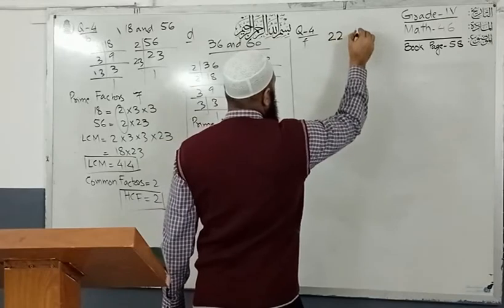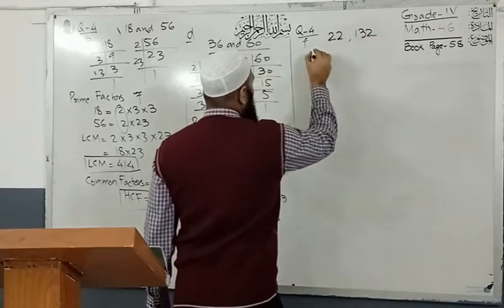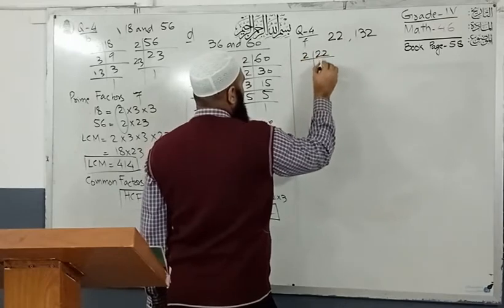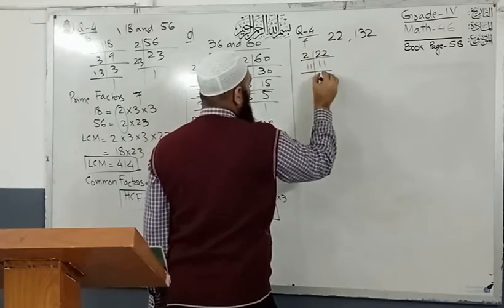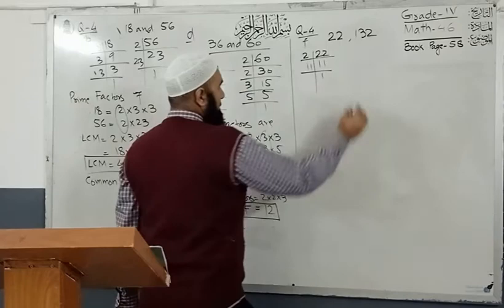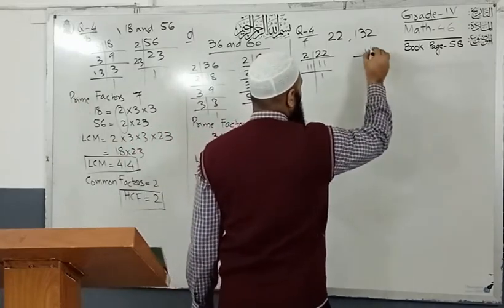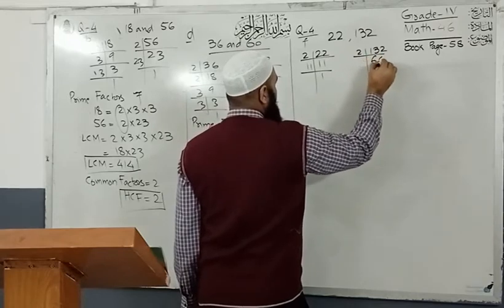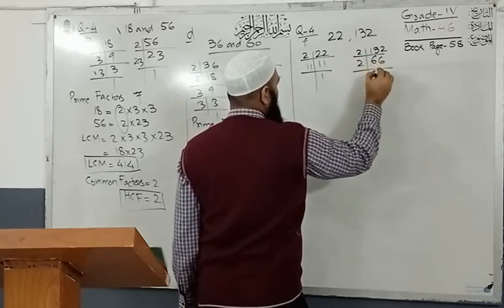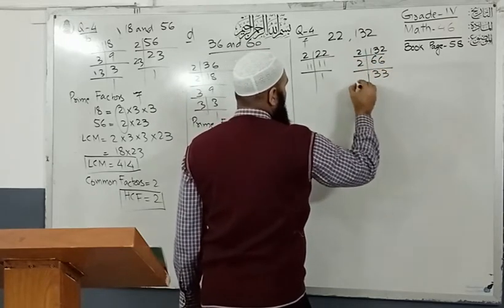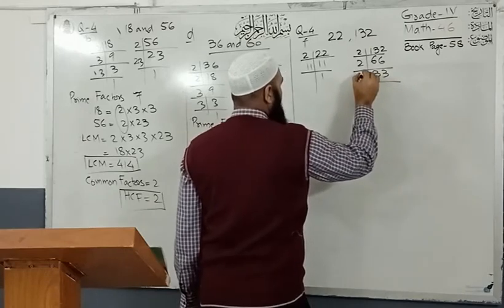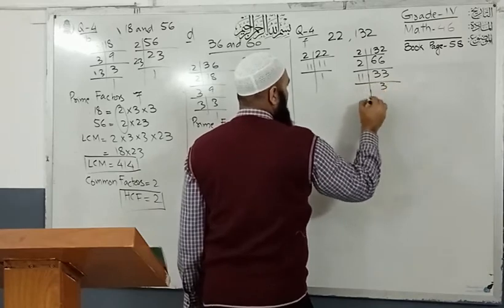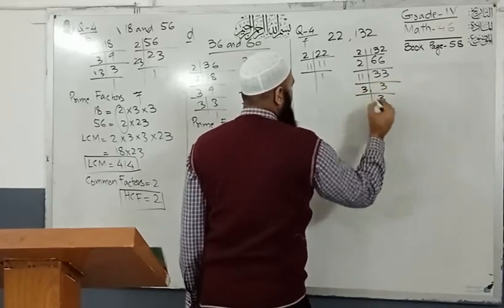Start dividing 22 by the lowest prime number, 2, then 11. 11 is only divisible by 11. Now start dividing 132 by 2. We got 66. 66 divided by 2 we will get 33. 33 is only divisible by 11. It will give you 3, and 3 is only divisible by 3.